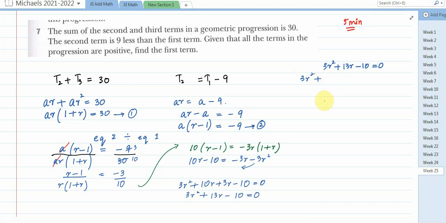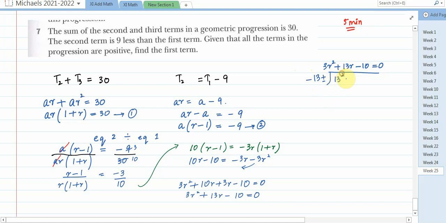Alright, I'm going to apply the quadratic formula here. That will be minus b plus minus under root b square minus 4ac, divided by 2a. So minus 13 plus minus under root 169 minus minus, plus 4 3s are 12, 12 10s are 120, divided by 6.